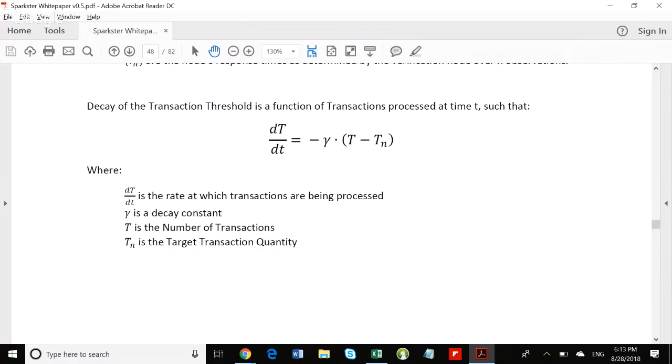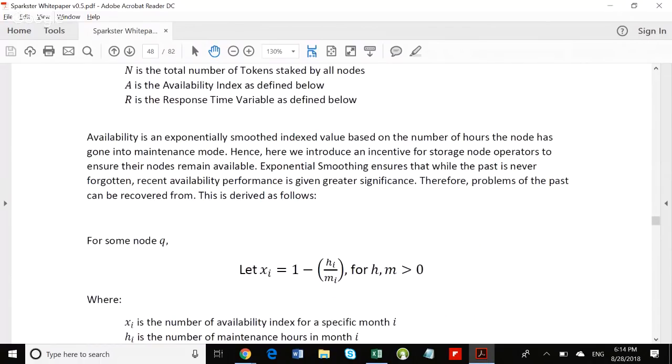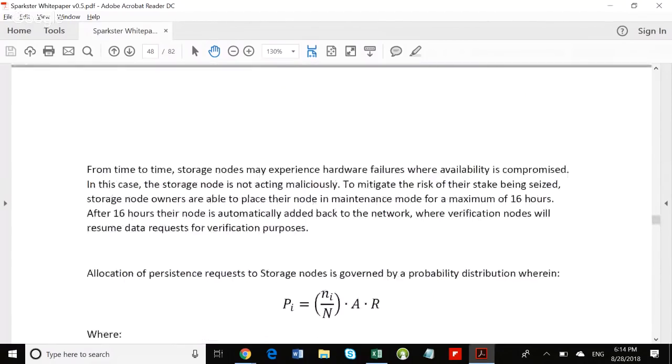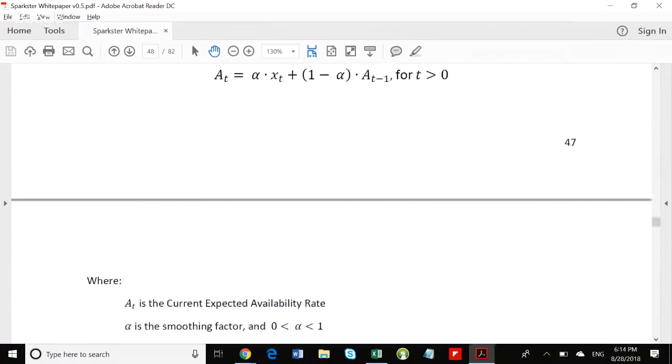So let's say that a company like Panasonic wants to run software on Sparkster's network, and they're willing to pay 1 Spark token per function execution, right? Well, if some people want to charge 5 Spark tokens a function execution, others want to charge half a Spark token per function execution, the nodes whose price is above the threshold will get excluded from this probability determination. And that's what's going on here later in the mathematics.